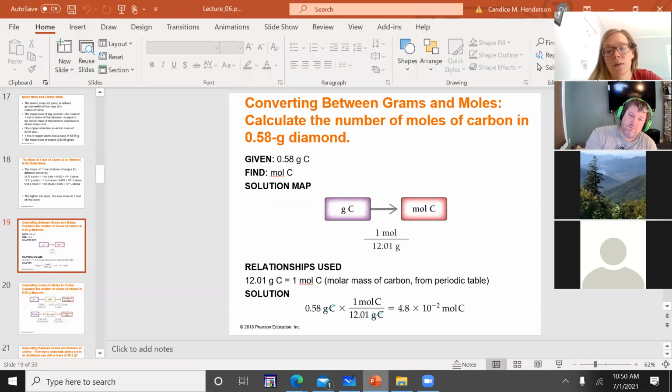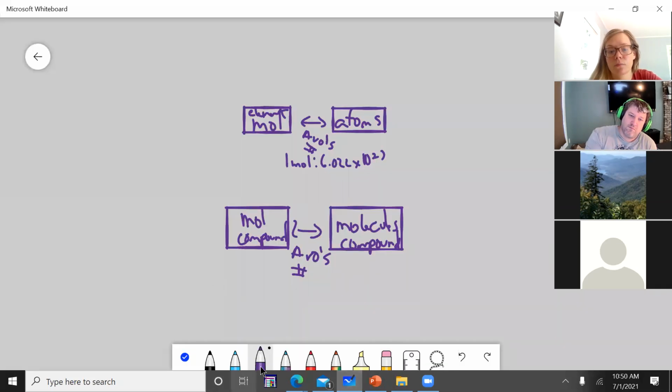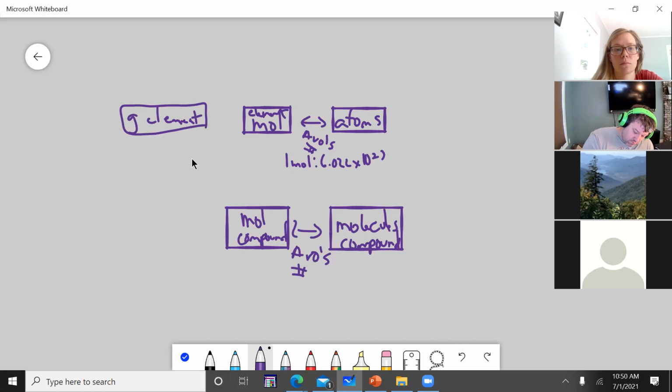So let's add to our flow chart over here. Let's put grams of element. So you can go from grams of element into moles of the element or vice versa using the molar mass.